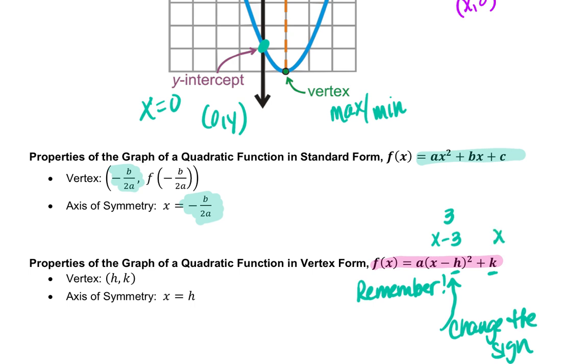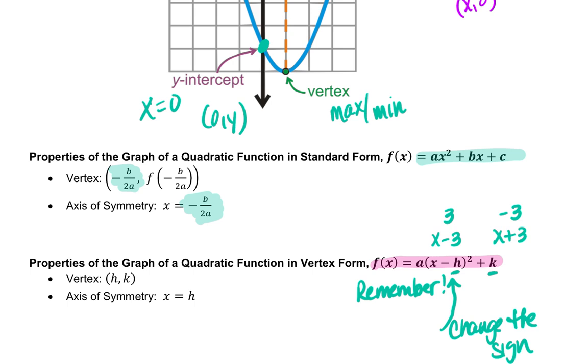If it said x plus 3, the x value would be negative 3. So you always change it. Remember, whenever you're inside those parentheses, things are always opposite. They get wonky. And then, of course, your axis of symmetry is still the x value of your vertex.